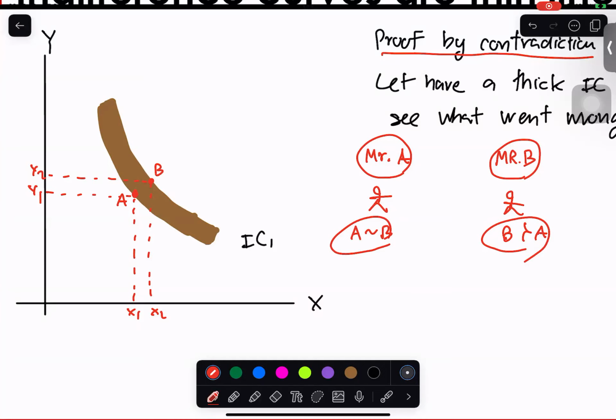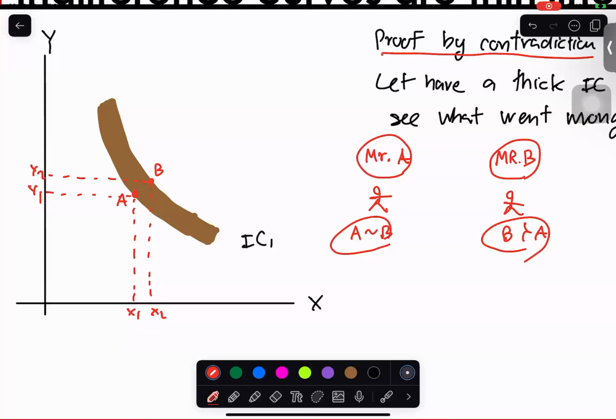Only one is true, they cannot both be true. We call this a contradiction, which emerges when we allow for a thick indifferent curve. Then to avoid this contradiction, we should not allow a thick one. IC must be a thin line.